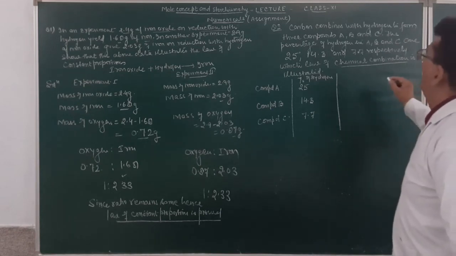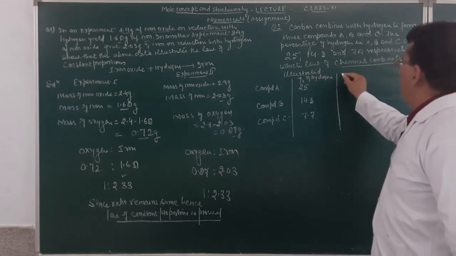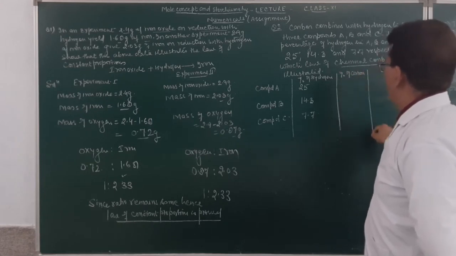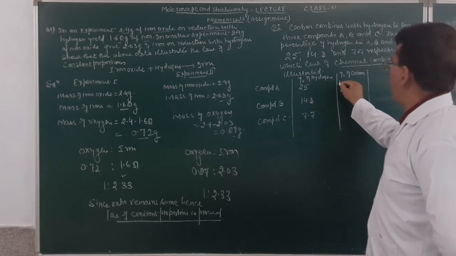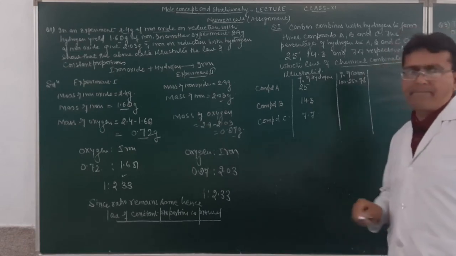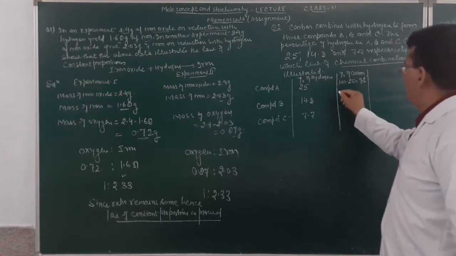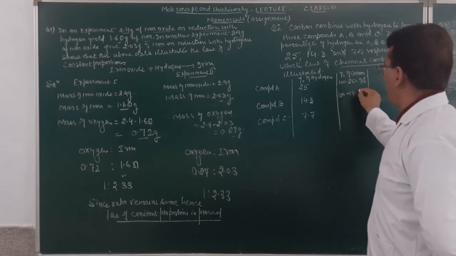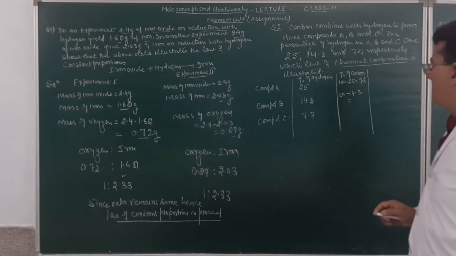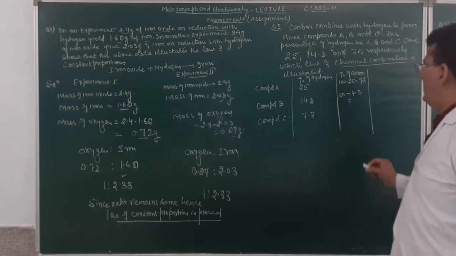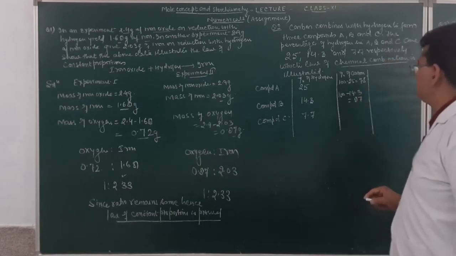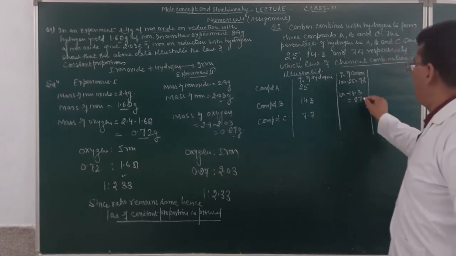The compounds are of carbon and hydrogen. So what will be the percentage of carbon? This will be 100 minus 25, which is 75%. And this is 100 minus 14.3, which will be 85.7% over here.